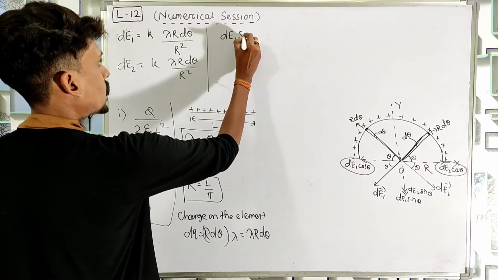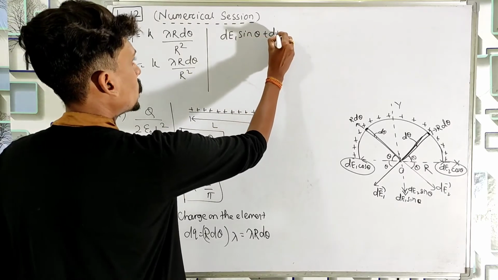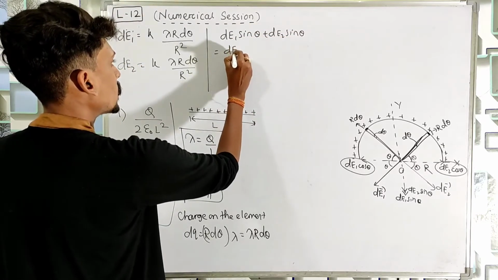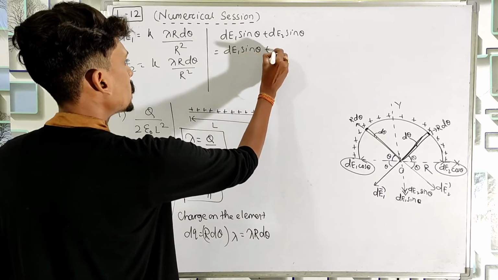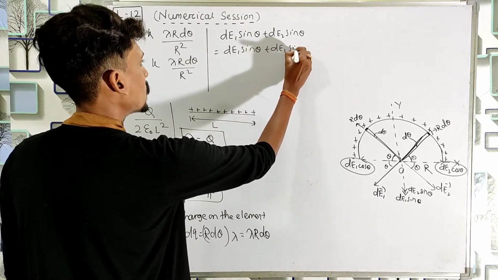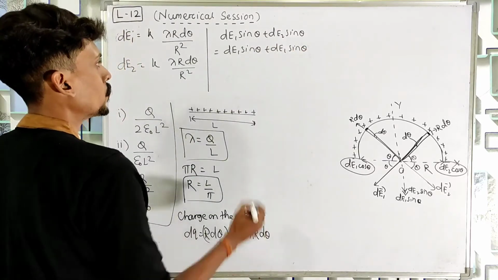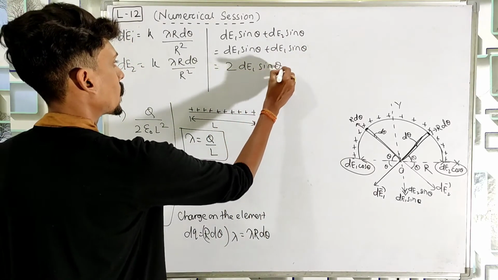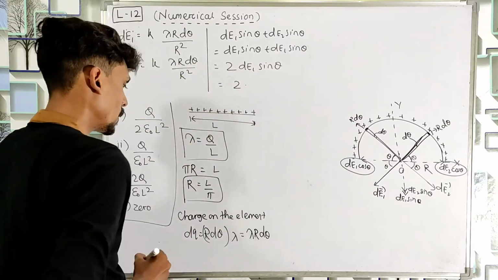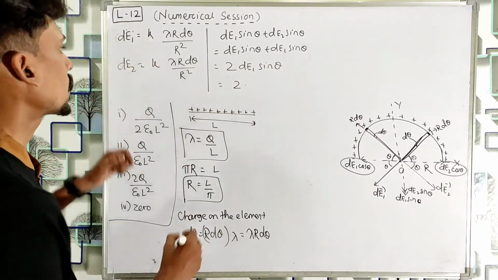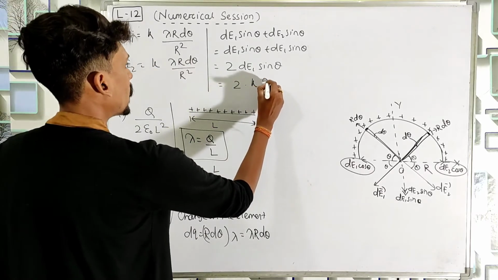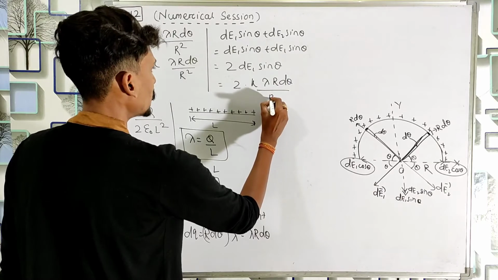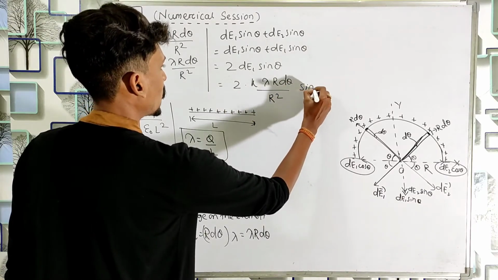dE1 sin theta plus dE2 sin theta, that is equal to dE1 sin theta plus dE1 sin theta, because dE2 is the same as dE1. That is equal to 2 dE1 sin theta, that is equal to 2 into dE1, which is k lambda r d theta divided by r square into sin theta.